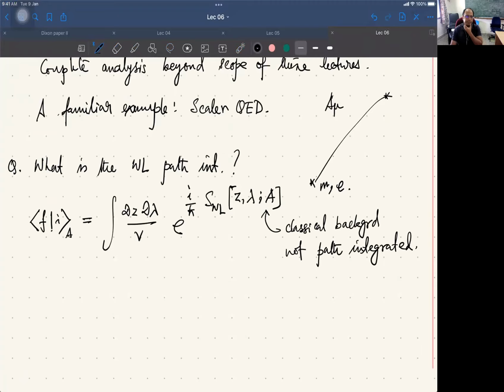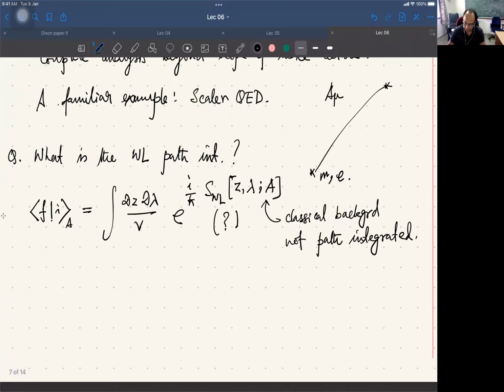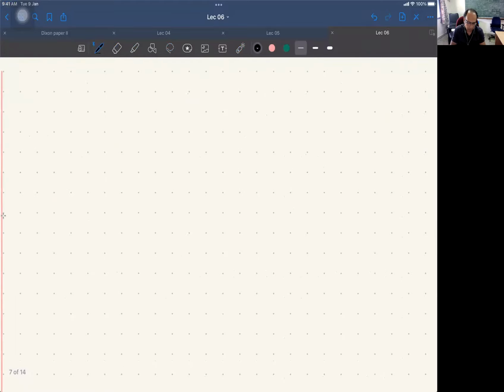And so the question therefore is, what is this action? This is the question that we are going to answer. So recall our previous approach. The same approach we should adapt here.